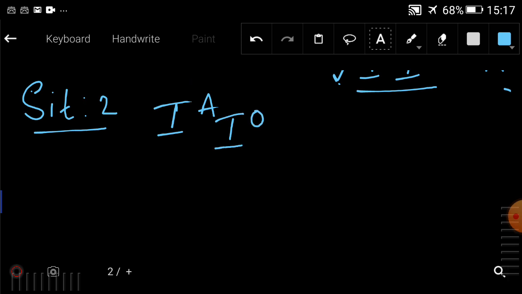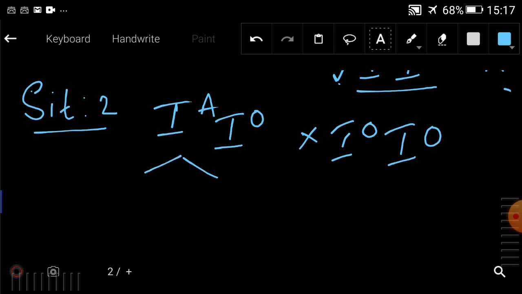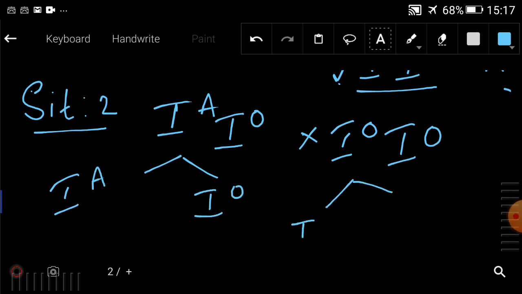IA IO can marry an O blood group person. An O blood group person has one and only chance, that is IO IO. So the possible gametes you can see are IA, IO, and IO, right?